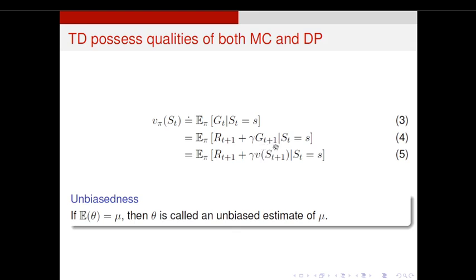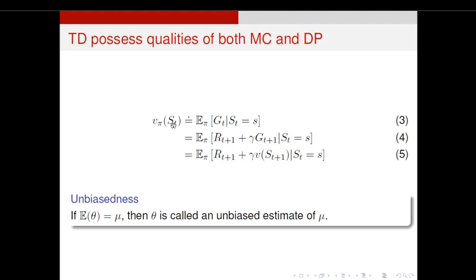If this Gt plus 1 is the value of St plus 1, it can be calculated as either a sampling average or an expectation using our dynamic programming approach. If it is calculated using our MC approach, this is again a Monte Carlo formula. Now Rt plus 1 plus gamma into V of St plus 1, if it is the value of the next state, then this formula is called the temporal difference formula.